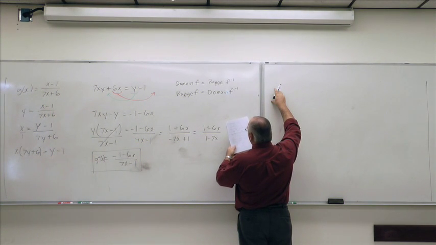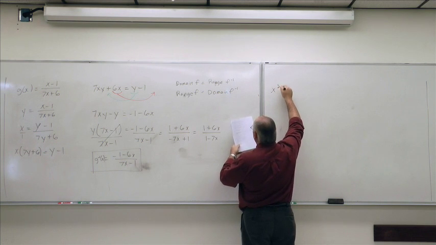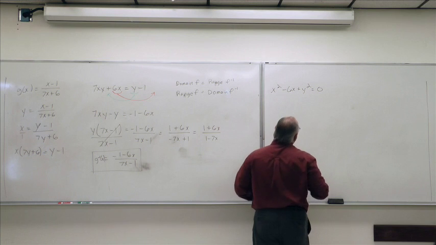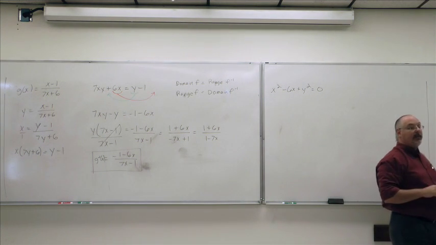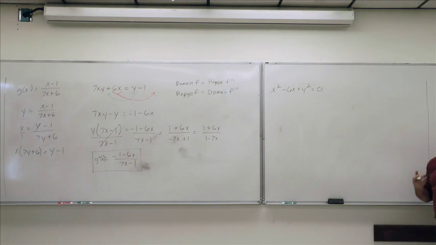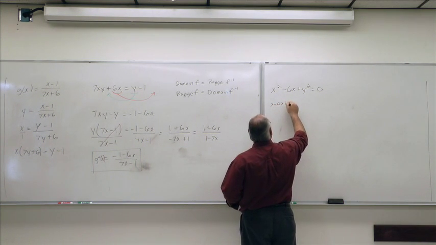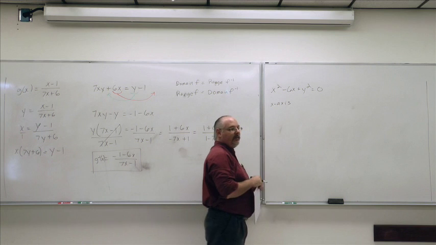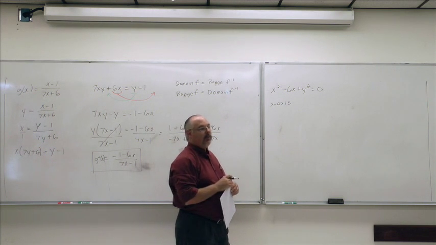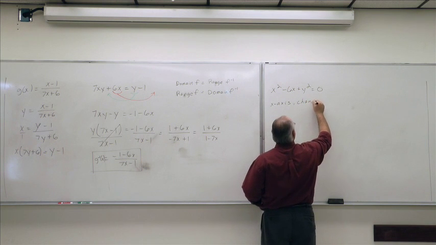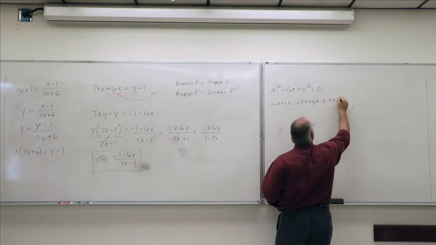All right, so we've got x squared minus 6x plus y squared equals 0. And we need to determine the type of symmetry. Remember, we can have x-axis symmetry. And what do we do for x-axis symmetry? Substitute in -1. We change y to -y.